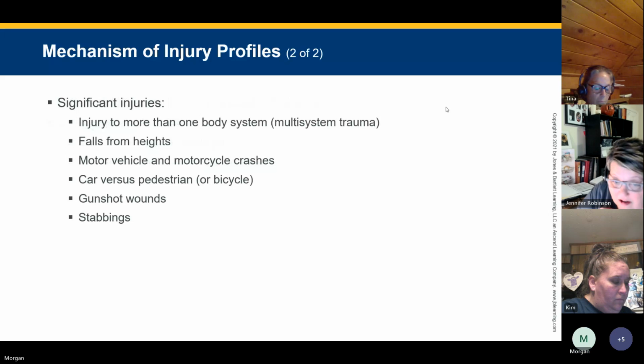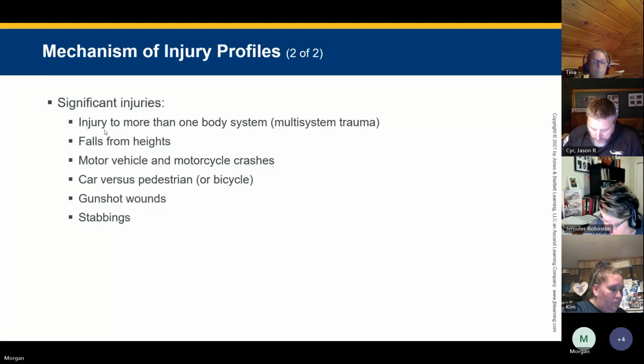But these are all significant traumas where the person needs to go to a trauma center, so they would automatically dispatch Dart for any of these. If it came in as a dispatch this way, we could always cancel them. So falls from anything greater than 20 feet of height.